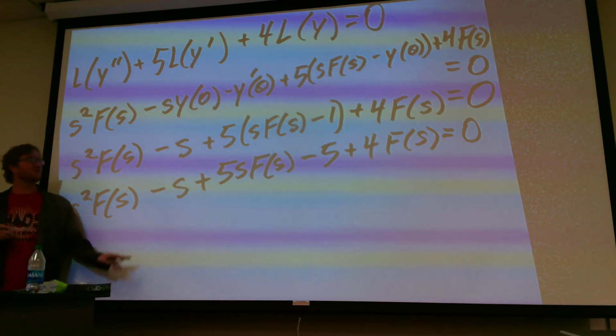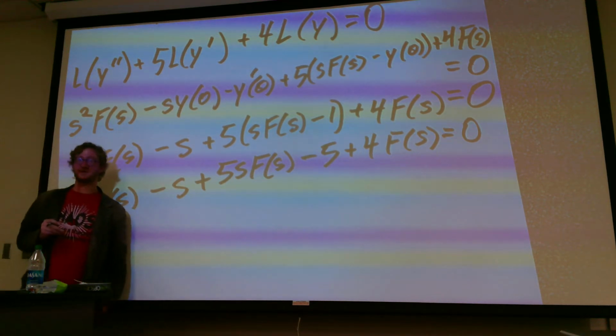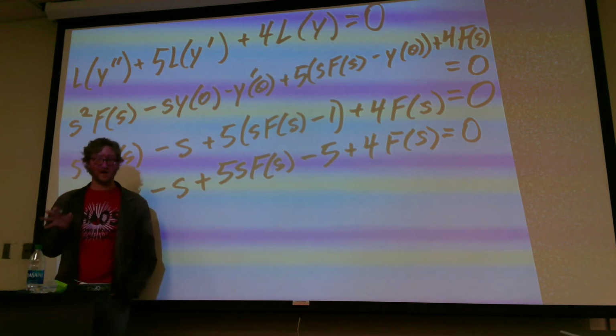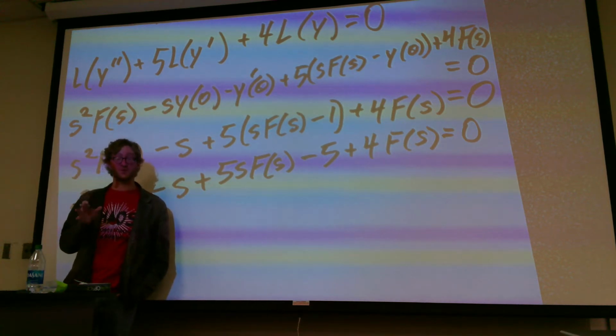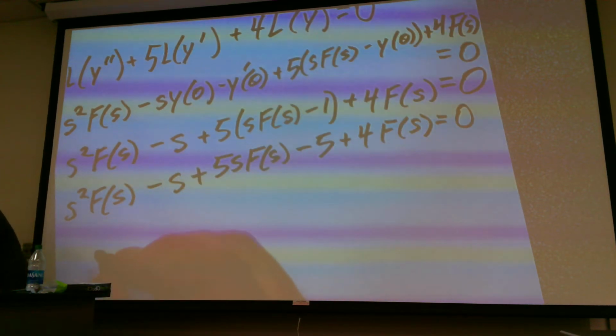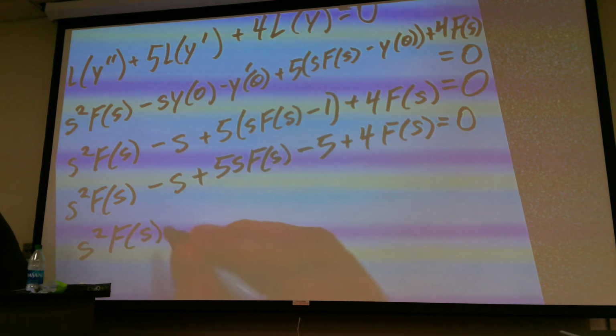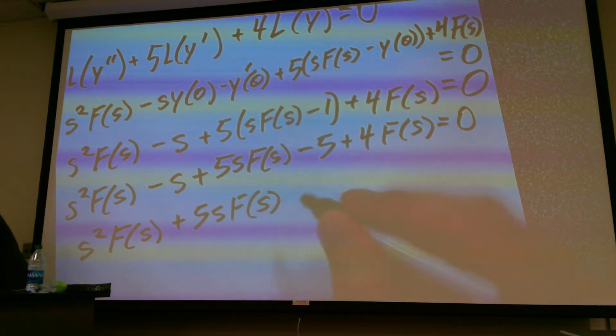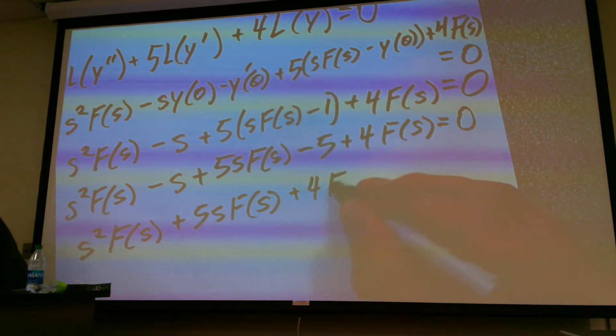Okay. So we have a negative s and a negative 5 on this side of the problem. Those are the only two terms that do not have an F of s on them. So what we're going to do with those two terms is move them to the opposite side of the problem. So we end up with s squared F of s plus 5s F of s plus 4 F of s is going to equal s plus 5.